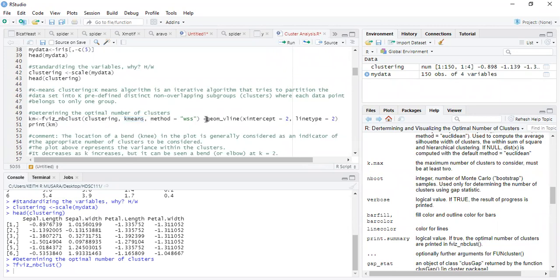Then you use geom_vline, so we are putting the lines. The line x-intercept is equal to 2, which is guesswork initially, probably to see after this. And the line type is equal to 2, which means I need line type 2, which is a dashed line.